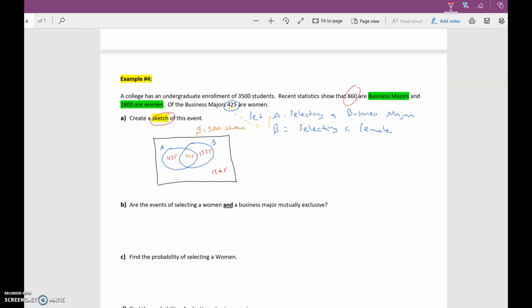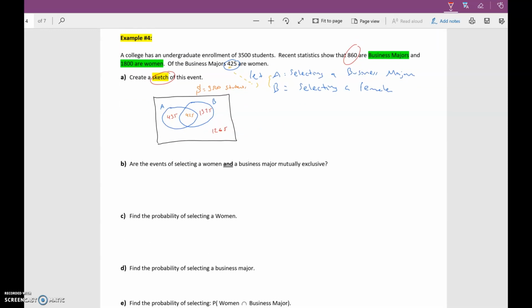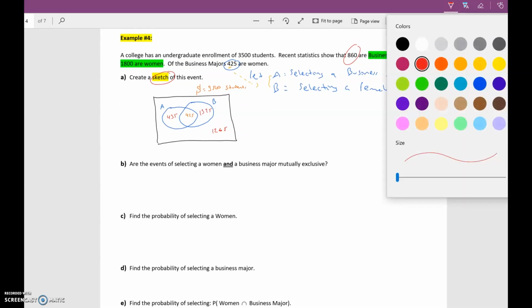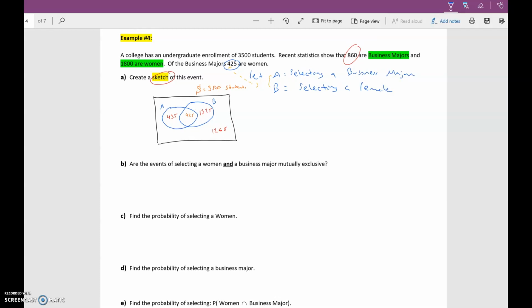Any other Venn diagram, you just have to make sure that you include all portions of the problem in there as totals in the square or the circles. Now let's take a look at part B. In part B, they're saying, are the events of selecting a female and a business major mutually exclusive?